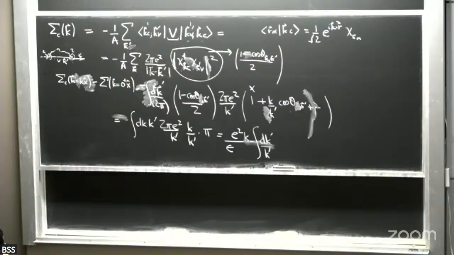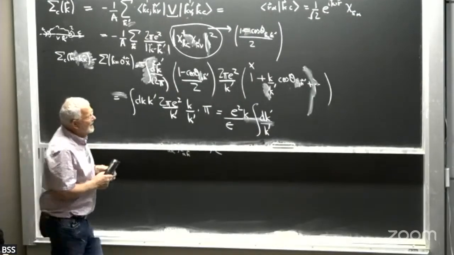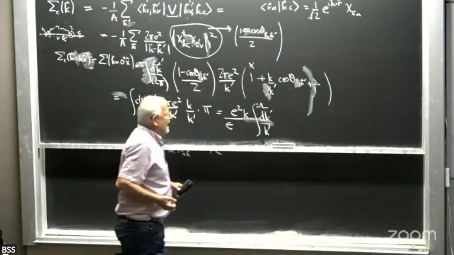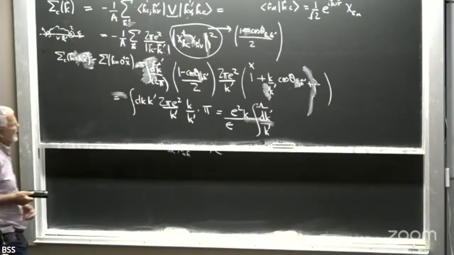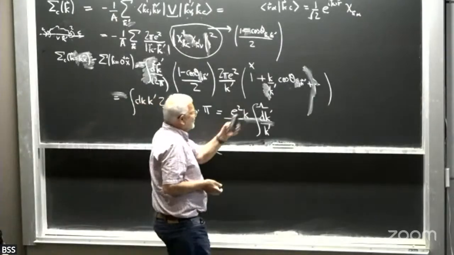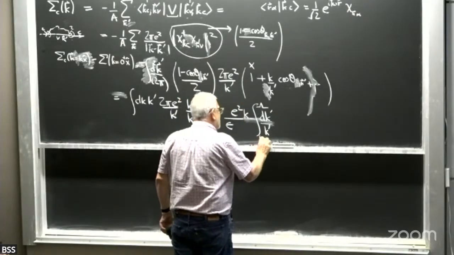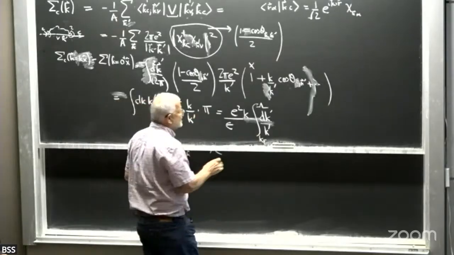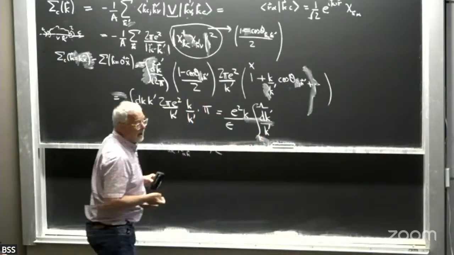And let me shift this up a bit. I can cut this off wherever I like, somewhere deep in the Brillouin zone, okay? Let's say I cut that off at 1 over lattice constant. And let's say I'm trying to evaluate this not at k equals 0, but at some finite k in the conduction band.